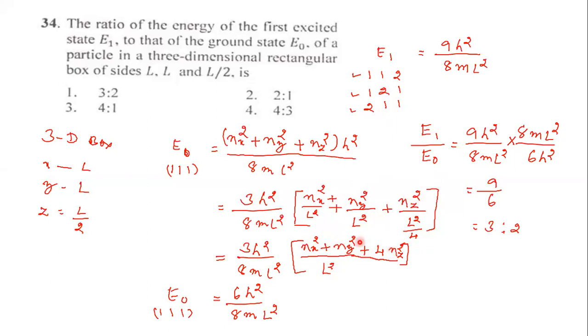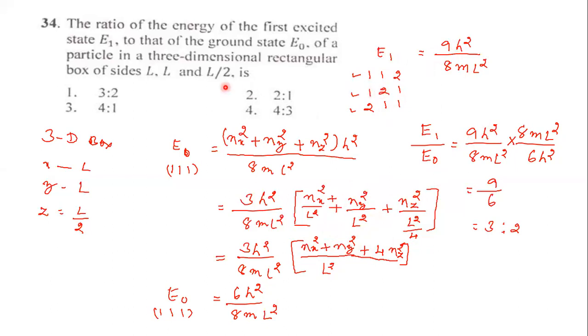So E1 is now 9h square by 8ml square. We don't use this set of quantum numbers, and this set of quantum numbers will give higher energy than these two. Then we will go to the energy which is less when we give this set of quantum numbers.